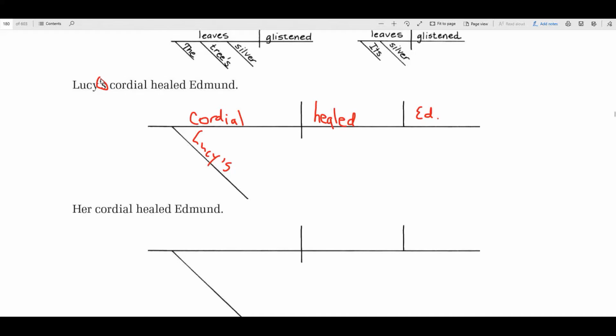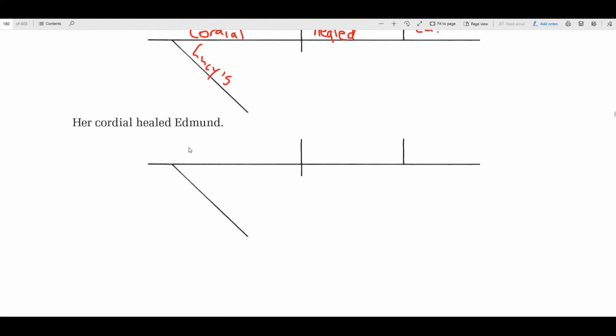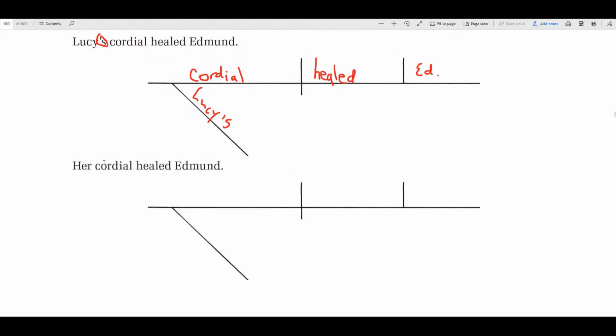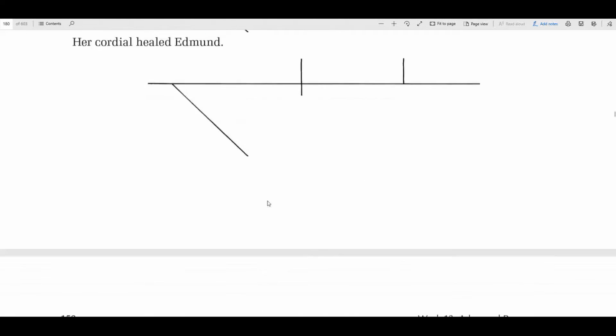There's one Lucy, and this belongs to it. So this is singular, but it's actually used as an adjective because it's answering whose cordial. Okay, and the same thing would be here. It's the same exact sentence, just saying that her would be here rather than Lucy's. You don't have to fill that in, unless you just want to, it'd be the same thing.